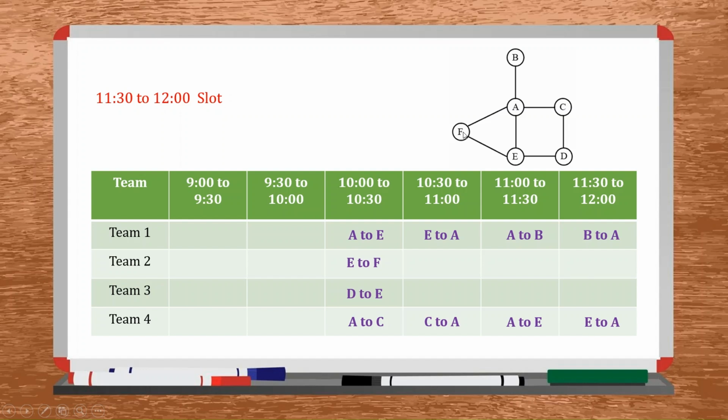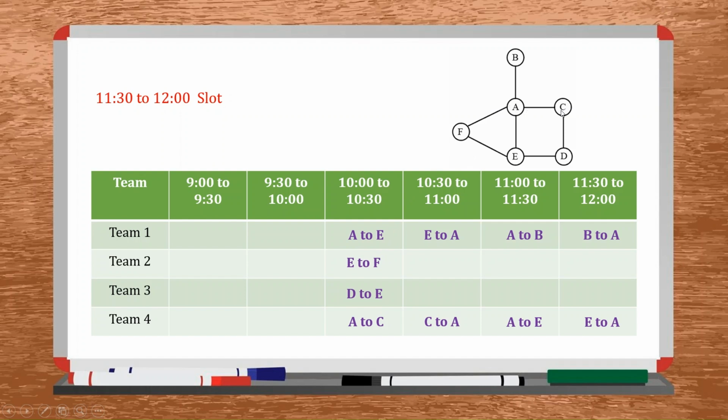So it has to go from F to A and come back to F, or go from F to E and then come back to F. In both cases, it will be at F at 11:30. Then it can happily go to A from 11:30 to 12. So team 2 can come from F.